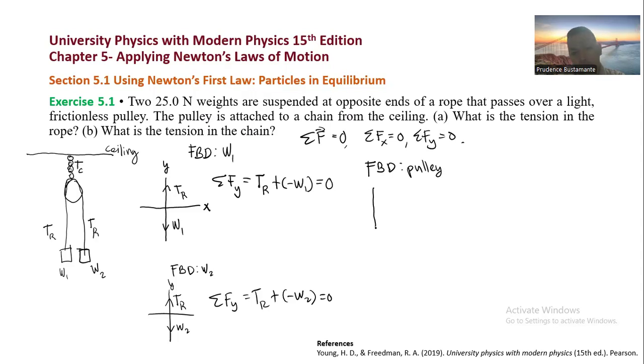We have the tension on the ceiling, and here the tension, which is equal to 2 times the tension on the rope, because there are two weights hanging here.